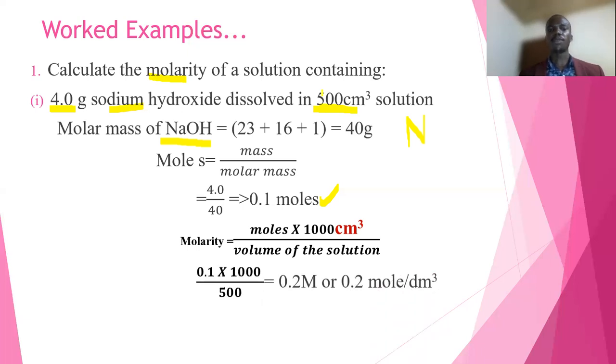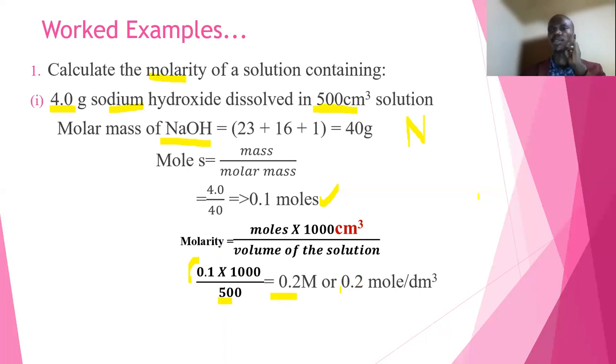So we'll have 0.1 times 1,000 over 500. So we'll be able to get 0.2 M, or we can say it is 0.2 moles per dm cubed, or 0.2 moles per liter.